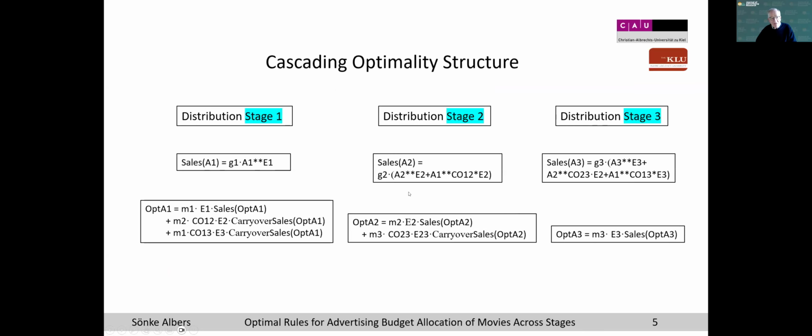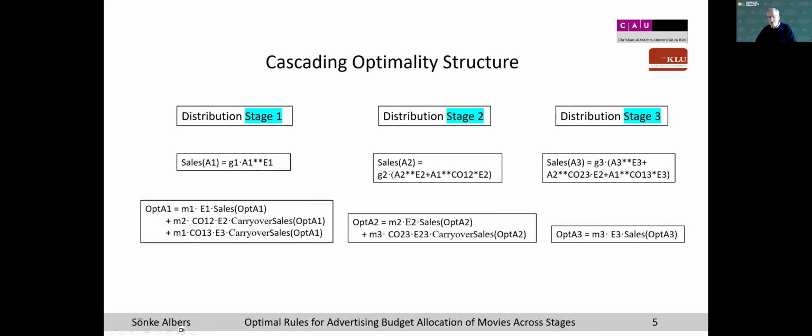Now, if we have this cascading structure, I can show this optimal solution. Here's a sales response function for the first one, only for the first stage. For the second stage, the carryover from the first stage is coming in addition in this response function.